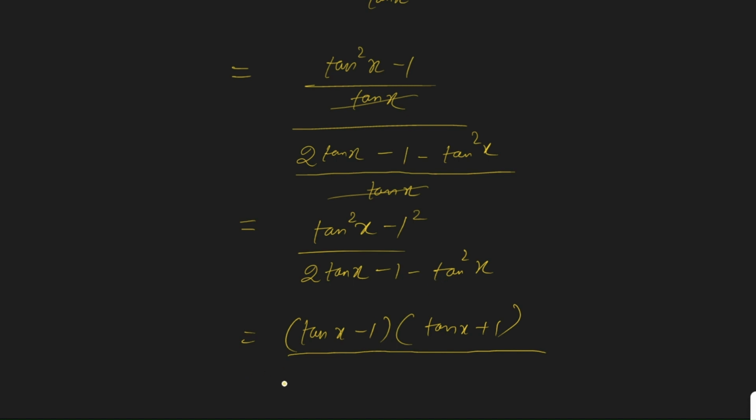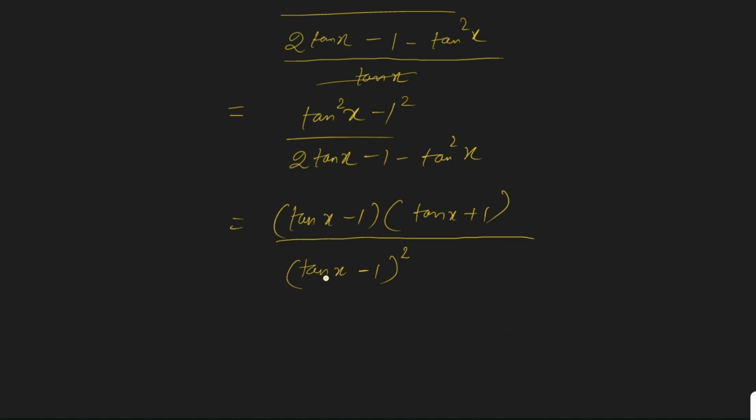what should I get? I should get tan x minus 1 and then whole square. Right, so if you expand this, you'll get tan square x, you'll get plus 1, and then you'll get negative 2 tan x.